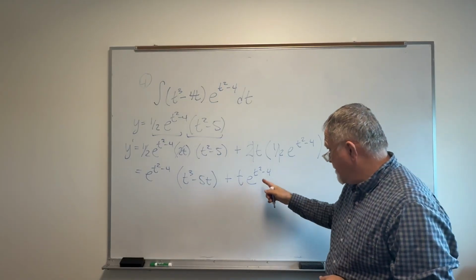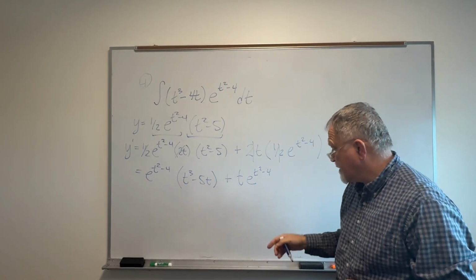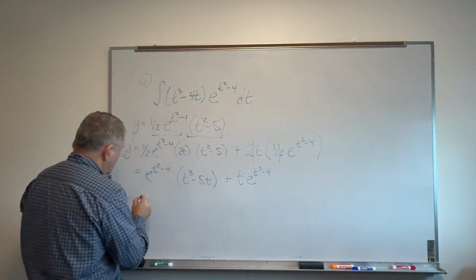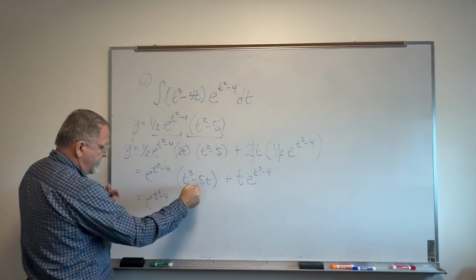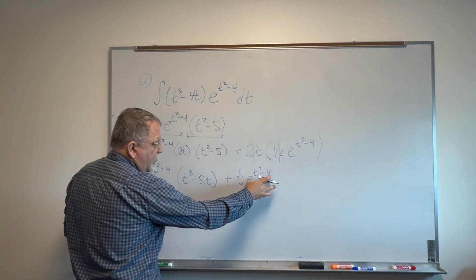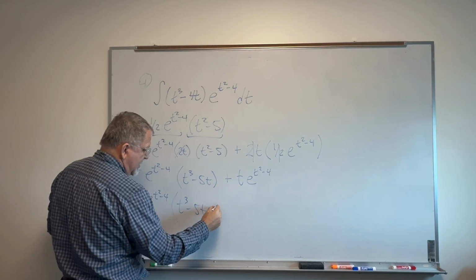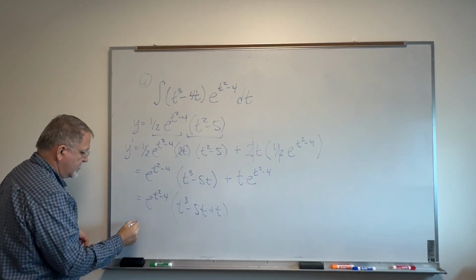And I observe that both of these terms have an e to the t squared minus 4. So let me go ahead and factor that out. So I get e to the t squared minus 4. Here I've got t cubed minus 5t. Once I pull this out, I'm left with a plus t. Well, I got minus 5t plus t, so that would be minus 4t.